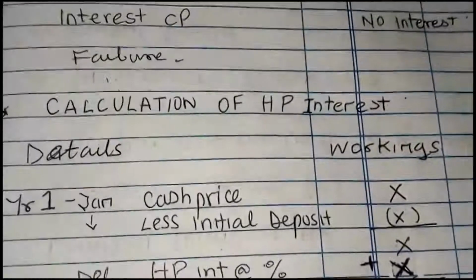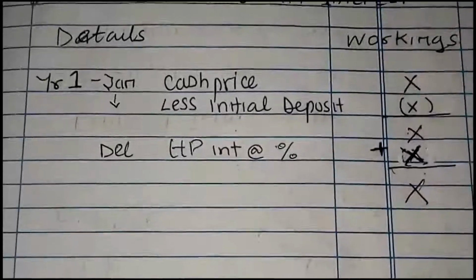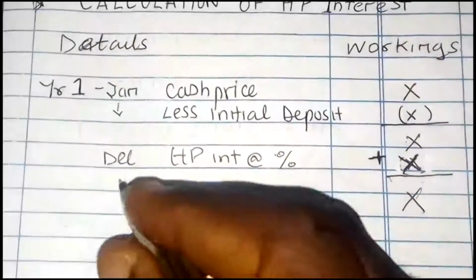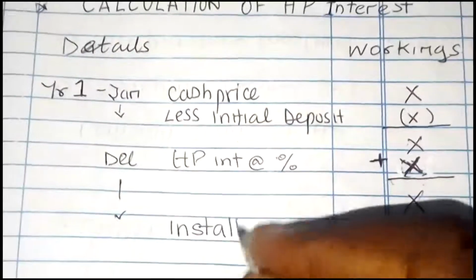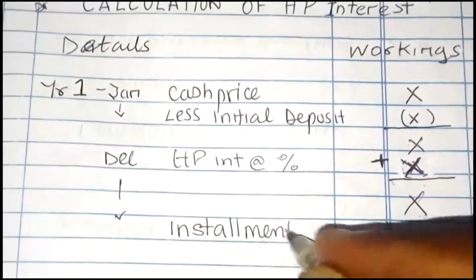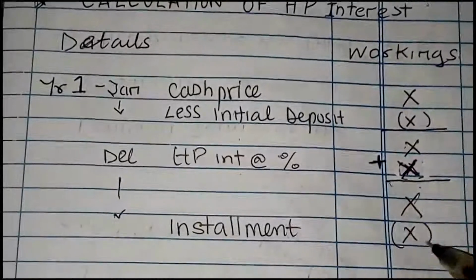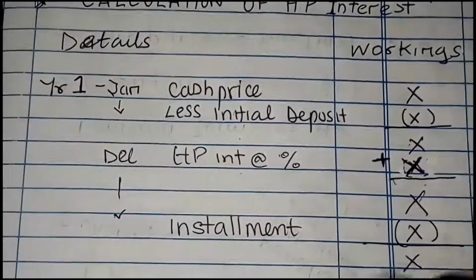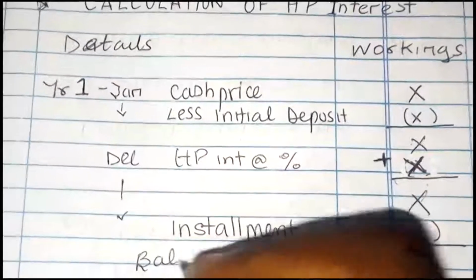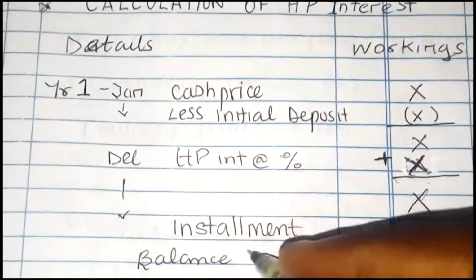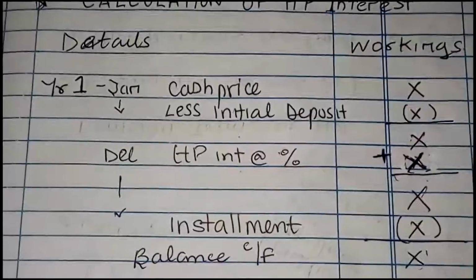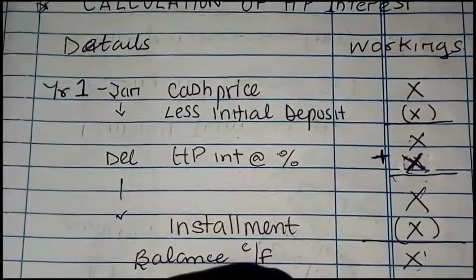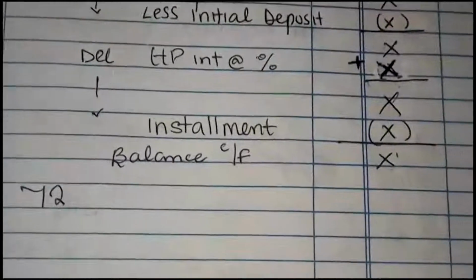All right. Then by that same year, December, we have our installments. You will subtract, okay. Then you have balance carry forward, okay.